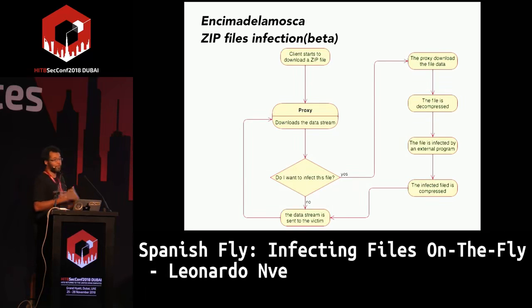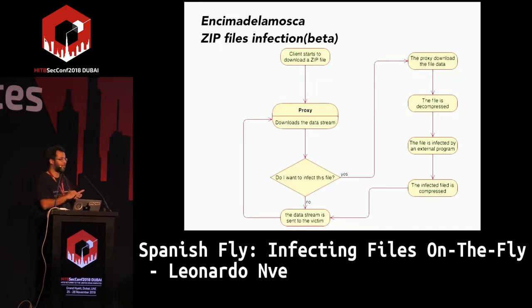And we want to keep the download working in line. For that, I use two tricks. The first one is that you can put a parameter on the infection tool.